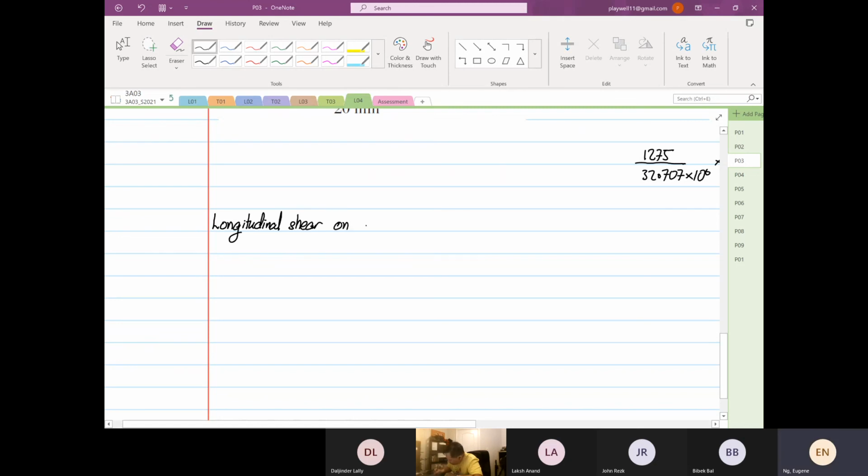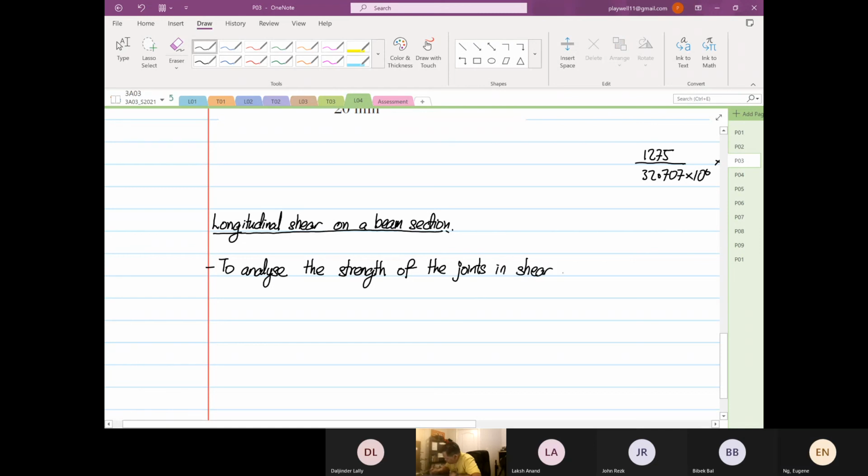On a beam section, we carry out longitudinal shear to analyze the strength of the joints in shear loading configuration.